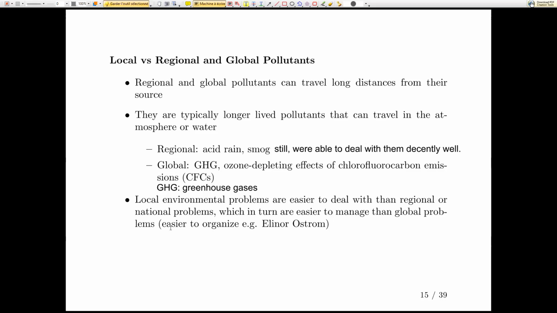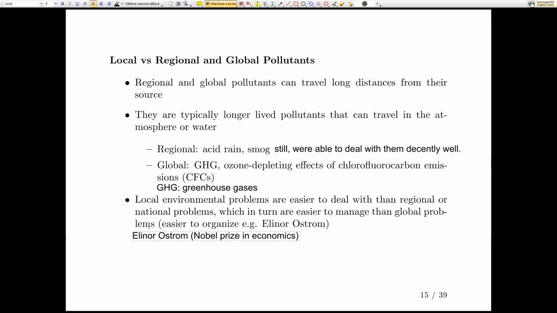So Elinor Ostrom. When did she win this? I don't remember the time, maybe a decade ago. First woman to win the Nobel Prize, and plus she's not really an economist in the sense that she's more of a political scientist maybe.